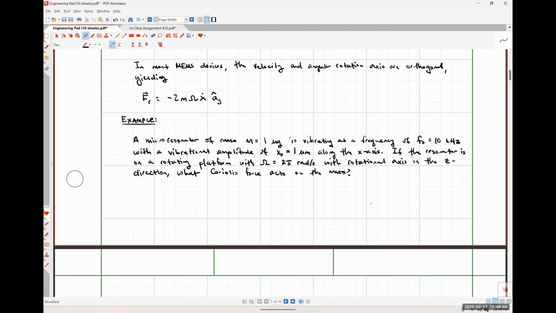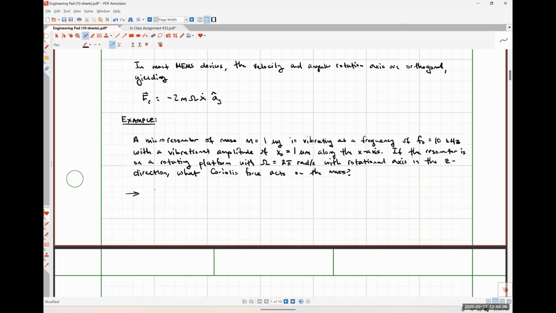So let's first define our displacement vector.